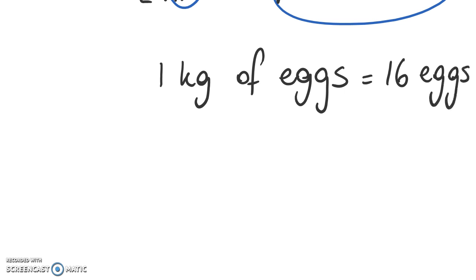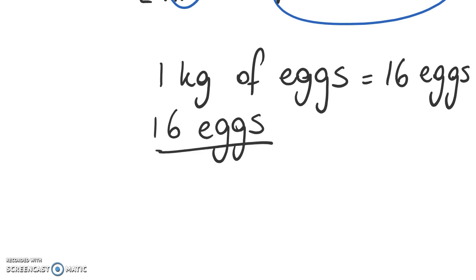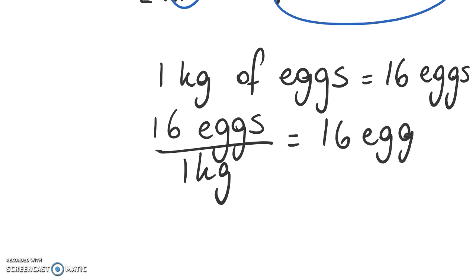How many eggs per kilogram? So, what we can do is we can say, well, 16 eggs divided by 1 kilogram, and we get 16 eggs per kilogram.